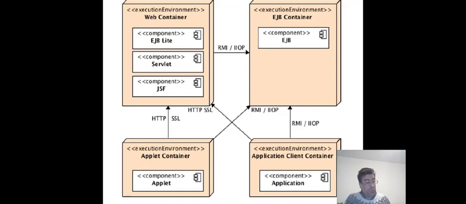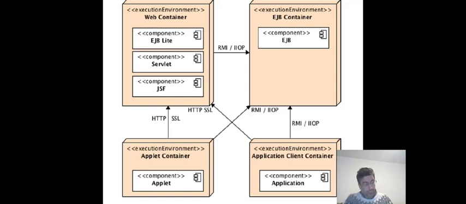Java EE is a suite of APIs that can be used to build standard component-based multi-tier applications. These components are deployed in different containers offering a series of services. Architecture.